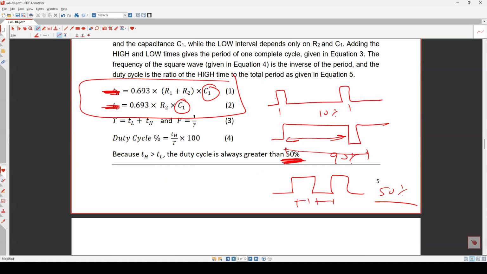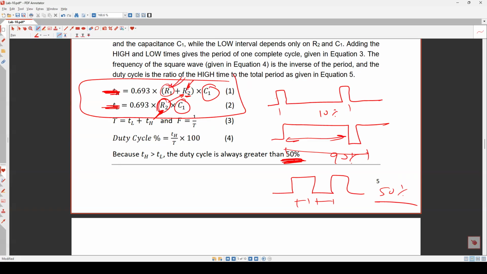And then after that, you can select what R2 is. If you don't have the exact value for R2, you need to find some way to make it with series, parallel, whatever. And then once you have R2, because it's the same R2 here, you can decide what R1 is.